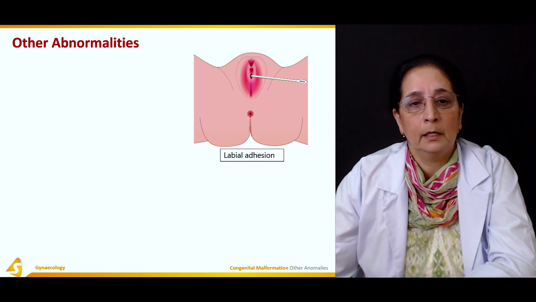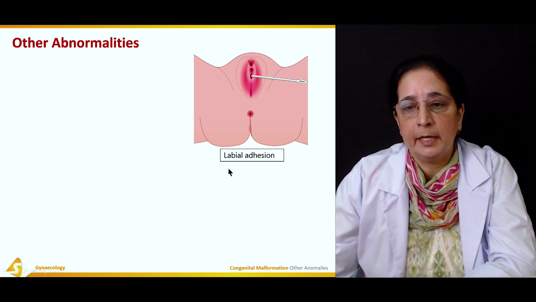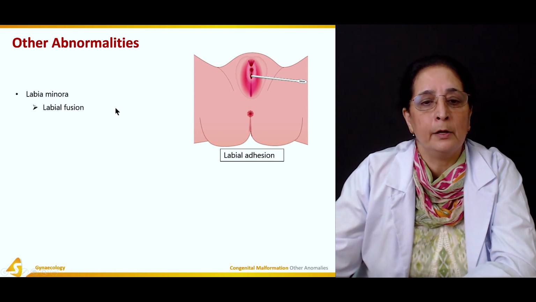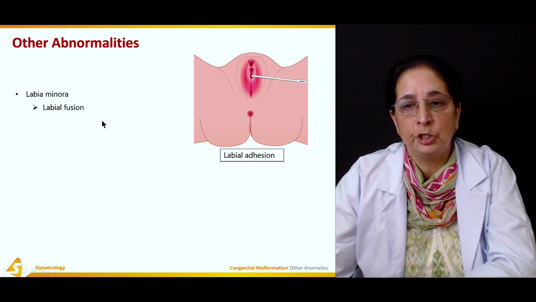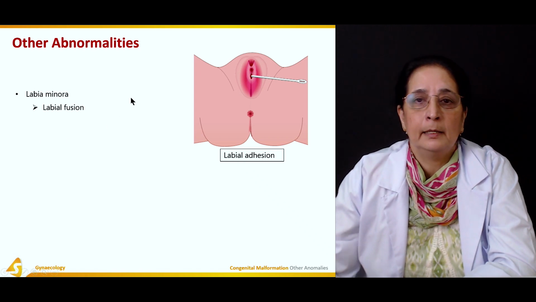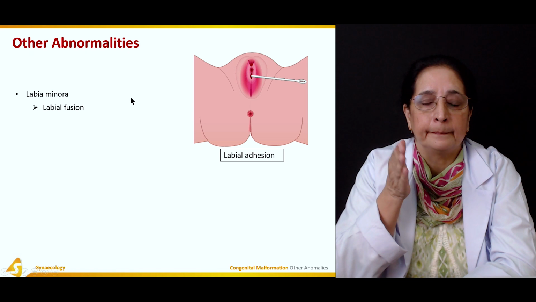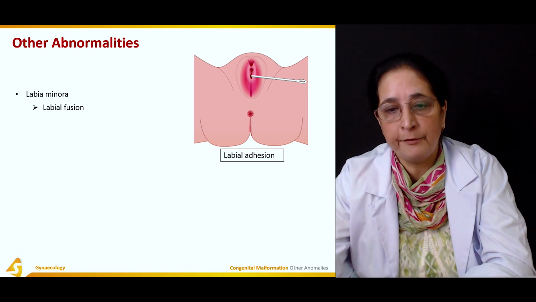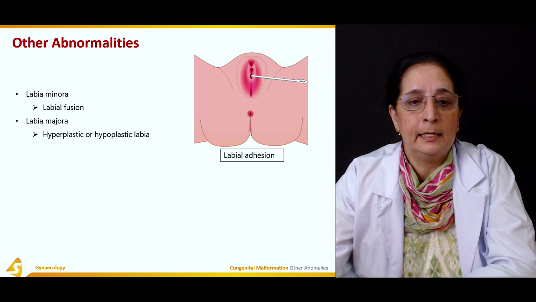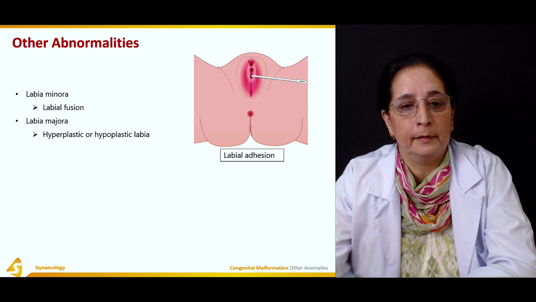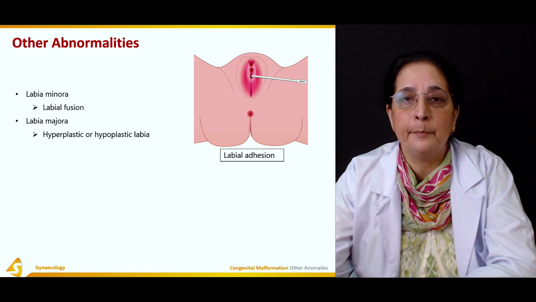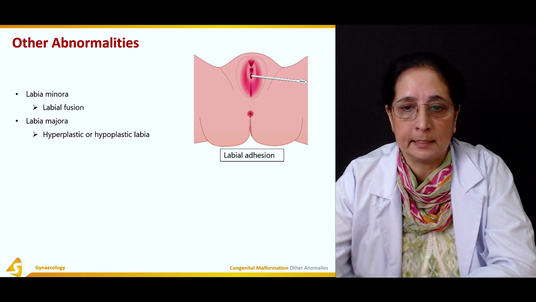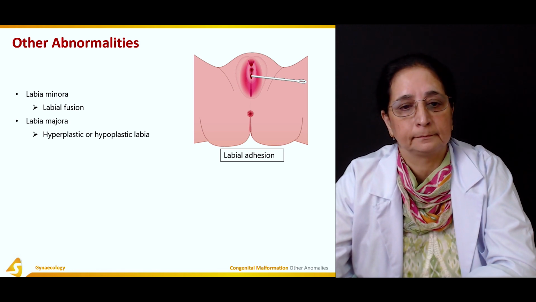Some other abnormalities are present. In the labia minora, labial fusion is present, with lack of the opening, so the labia minora are fused together. Then in the labia majora, we have hyperplastic or hypoplastic labia, excessive growth or less growth of the labia.